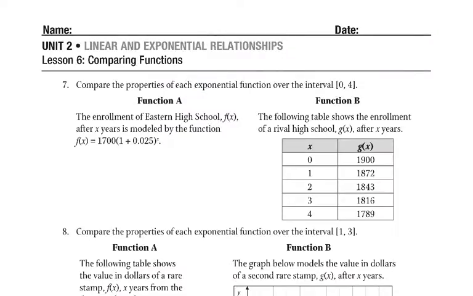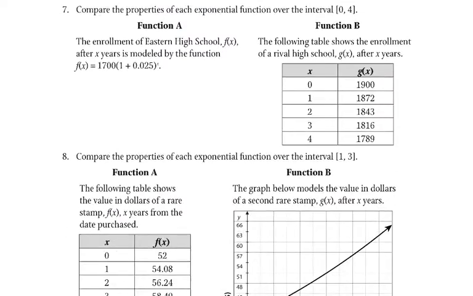Alright, 7. So, interval 0 to 4. 0 to 4, plus 4. 1789 minus 1900, negative 111. So y-intercept, I keep putting the equals next to my y, don't I? It is 1900, right? Because that's where our 0 is.